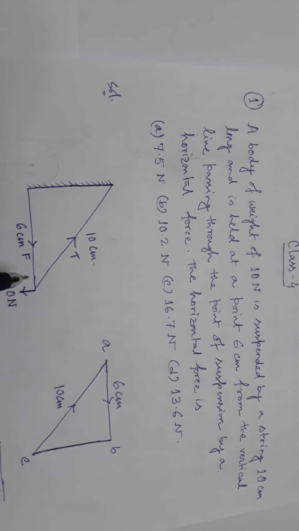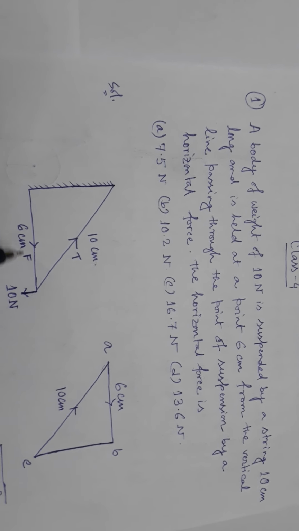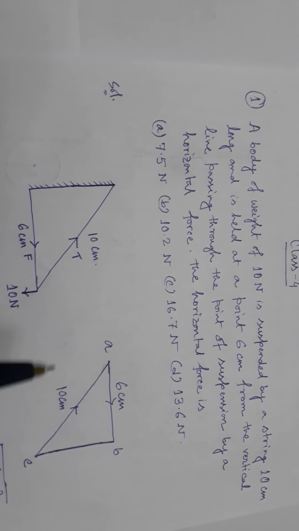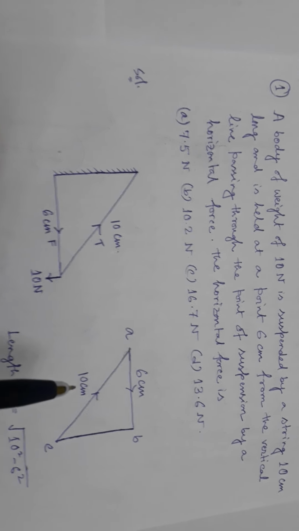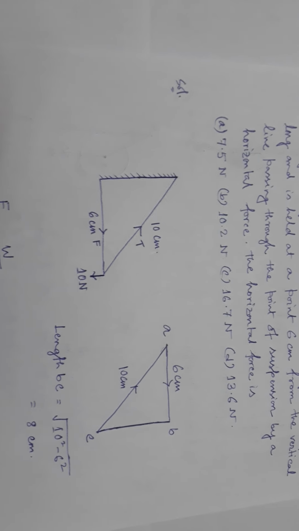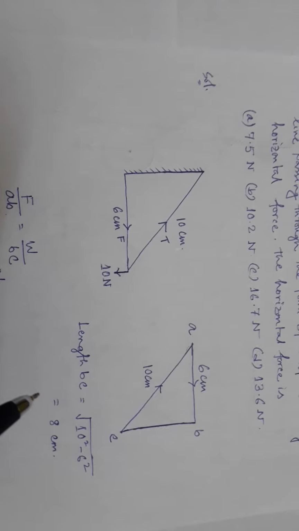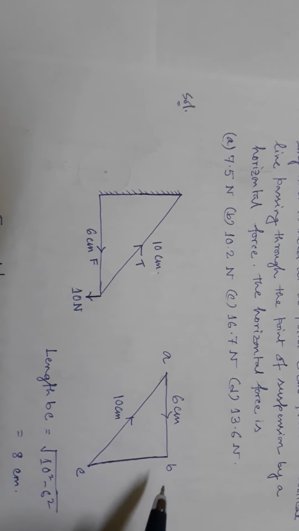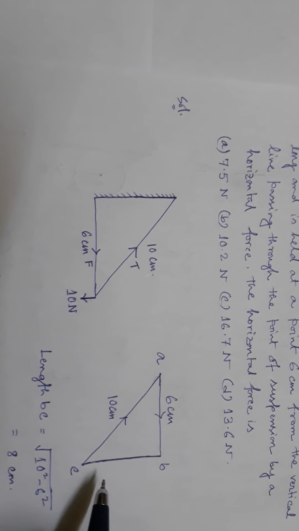So this is the horizontal force. We have to find out the value of this horizontal force. So this is the free body diagram, and from this free body diagram we can find out the value of BC.